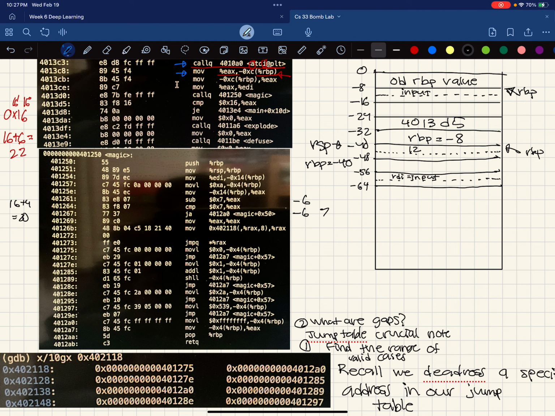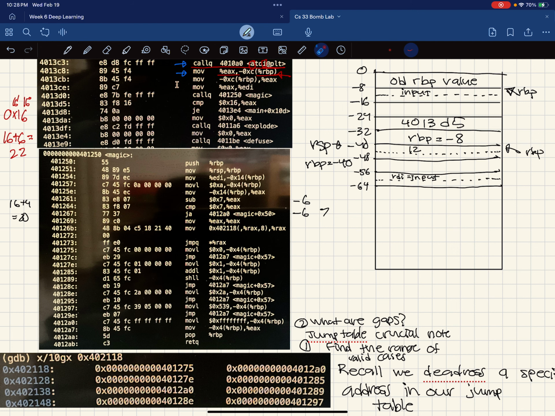Now, here's more fundamentals. If the jump above ever resolves, that's the default case statement. That's a really important detail. If jump above resolves, it means my input is above, which means it could technically be less than, but above. How do you check if it's above? You look at the actual binary and compare most significant bit to least significant bit and see which one has a 1 and the other has a 0.